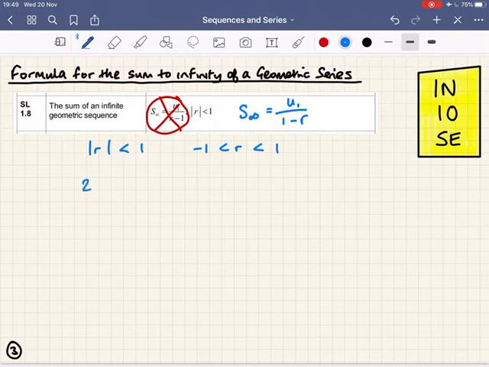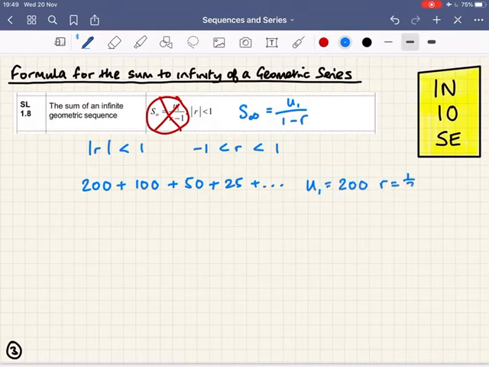So if I just draw a quick example, this one, 200, 100, 50, and so on, 12.5. My first term is 200, my common ratio is a half, hopefully nice and straightforward. And our sum to infinity here, you can almost guess it just from looking at the numbers, would be just 200, my value of u1, divided by 1 minus a half, which is a half.